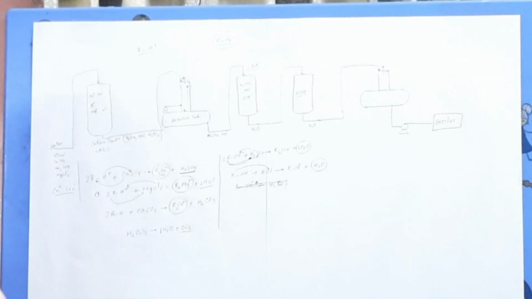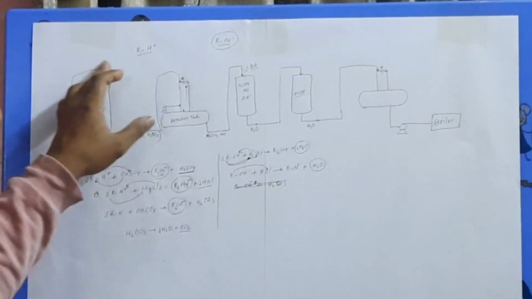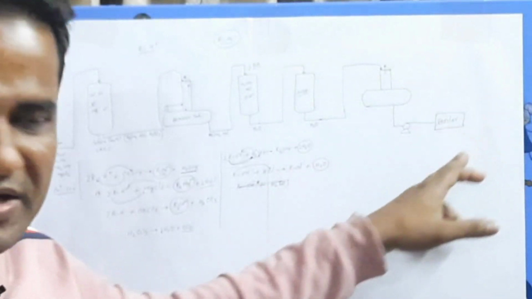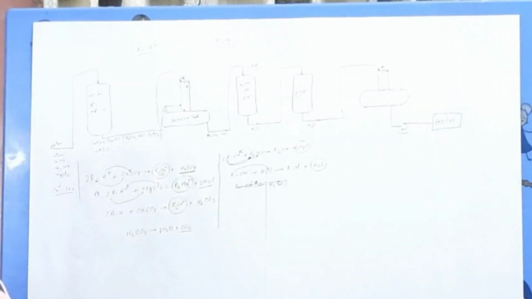If you are interested, boiler videos are also available on this I button. You can watch these videos for more information. So in this way, we are using demineralized water in our plant. From this water we are getting steam, and from this steam we are getting electricity.